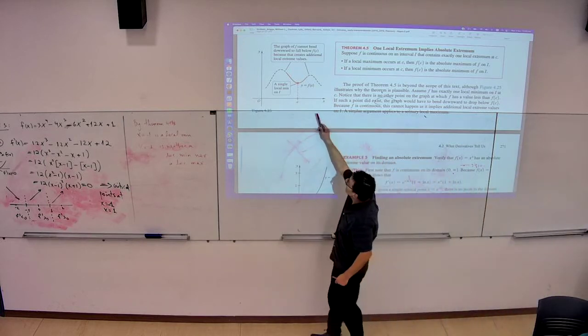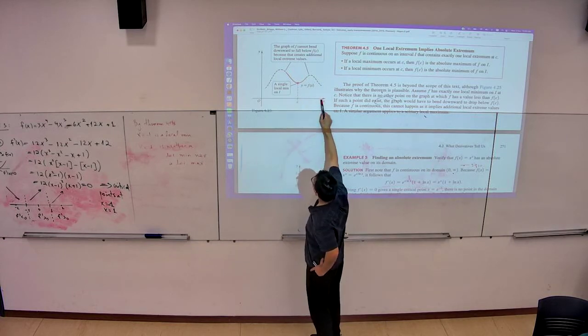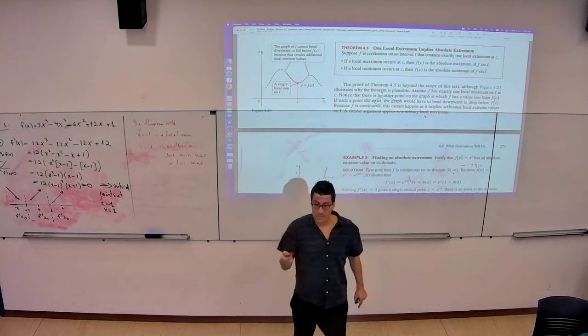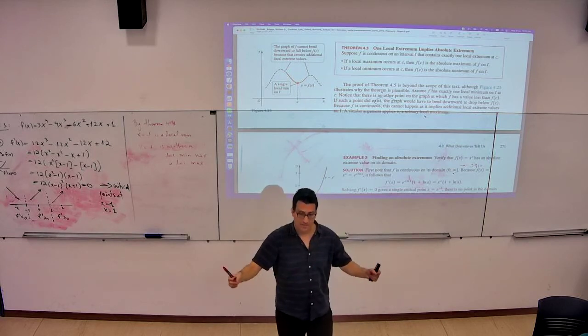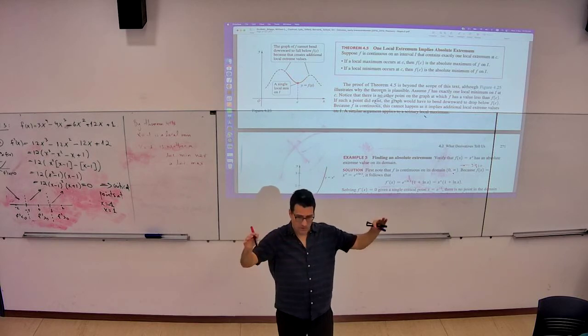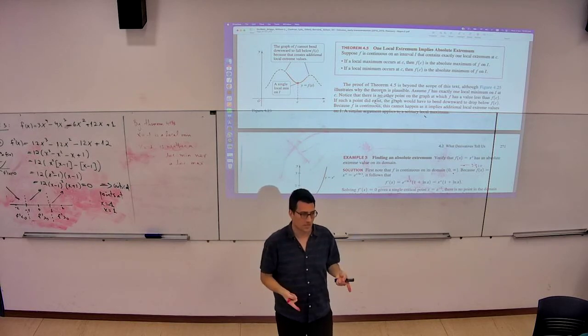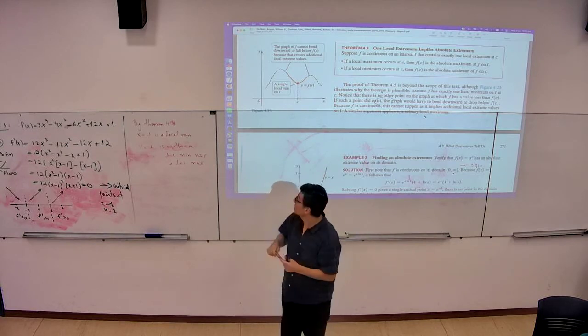Look, if you have only one local minimum on a certain given interval, it must be the minimum of the function on that given interval. It must be the absolute one as well. Because if the function had another maximum, for example, or a minimum on that interval, then there would be other critical points, and there's none, because we're assuming that there's only one.